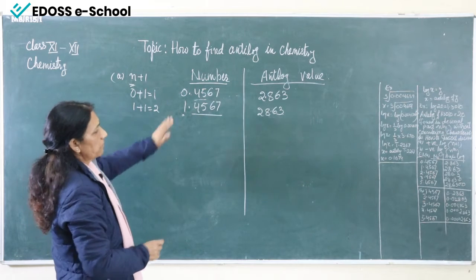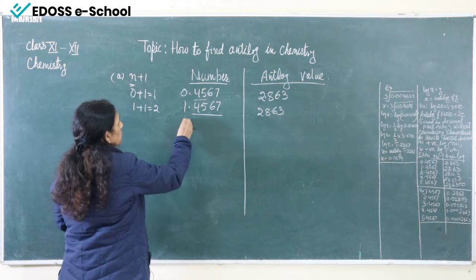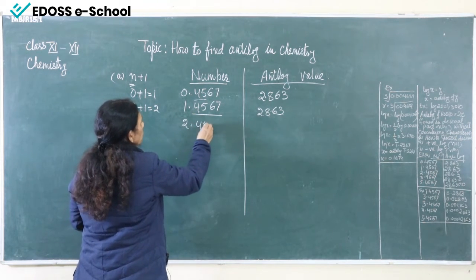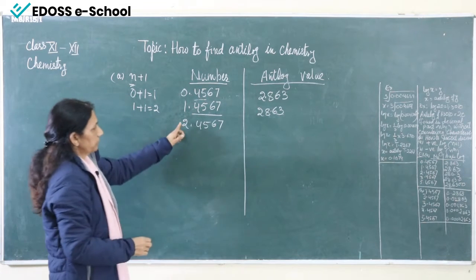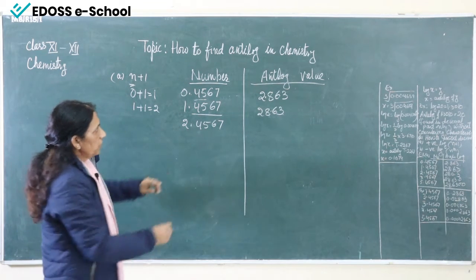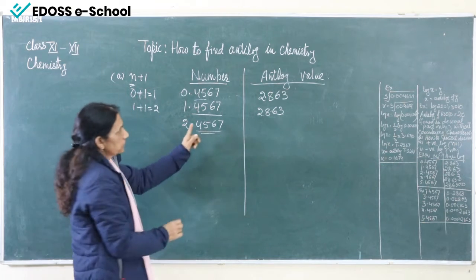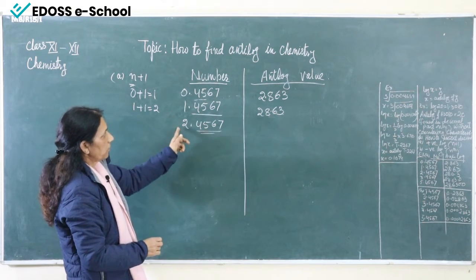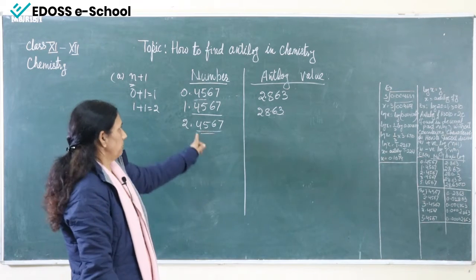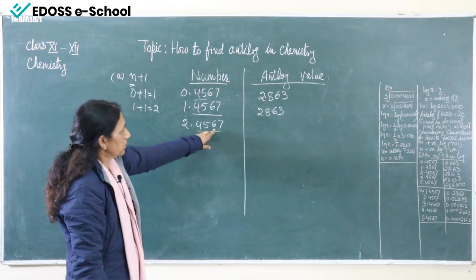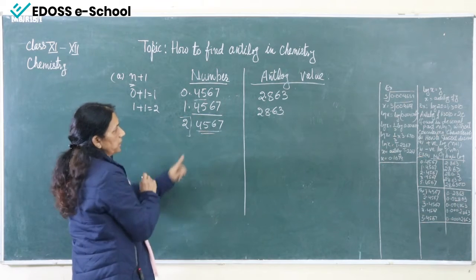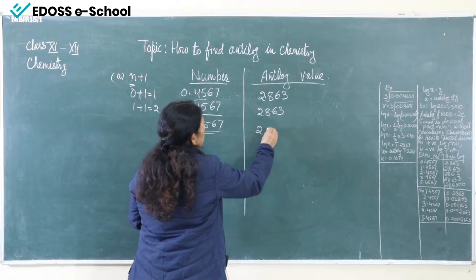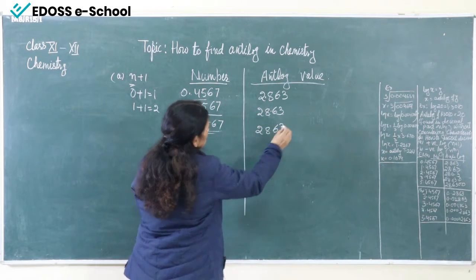If in the same number, now the number is 2.4567, the anti-log of this number will have the same digits. We have to find the anti-log of 2.4567. This value will remain the same, because we do not have to consider the characteristic. So, the value will be the same, 2, 8, 6 and 3.